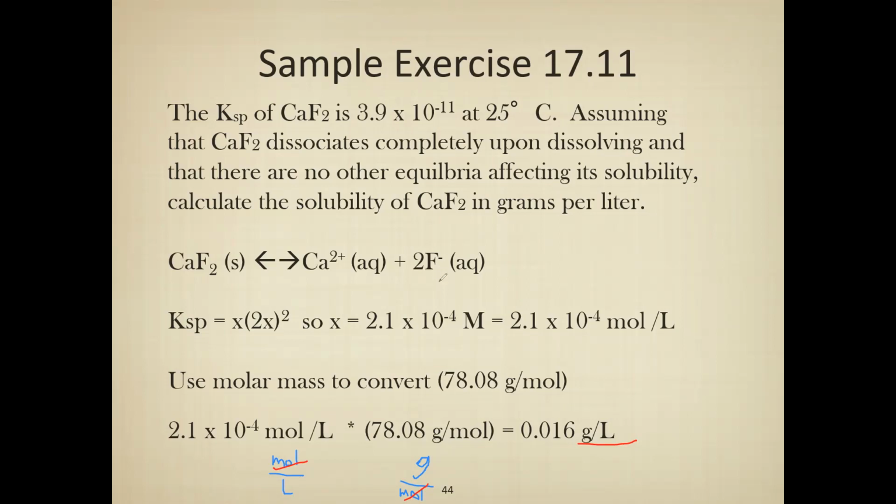The fluoride ion concentration would actually be twice as large. But for this one, since the calcium is 1-to-1 with the original substance, we can just use that value as it is. So the solubility of calcium fluoride is going to be 0.016 grams per liter of water at 25 degrees C. Of course, it's going to change at a different temperature.